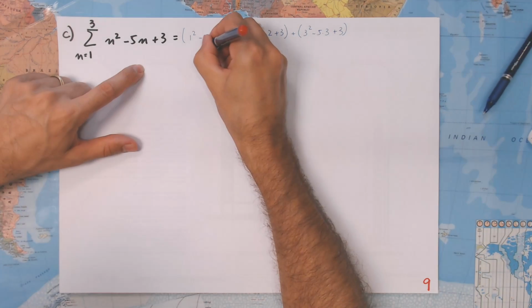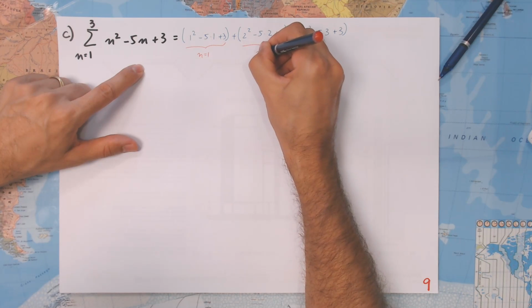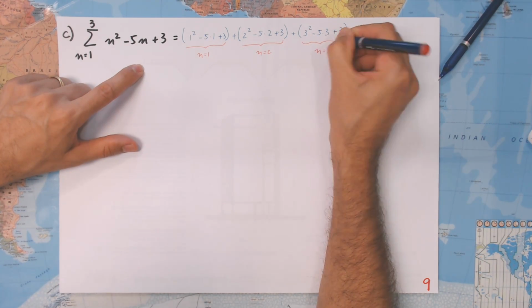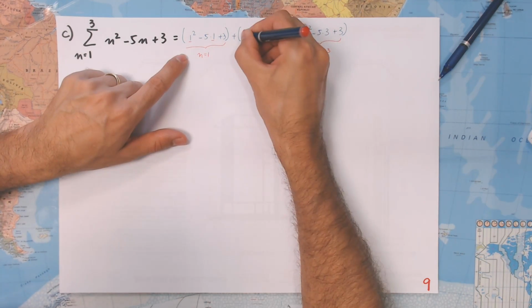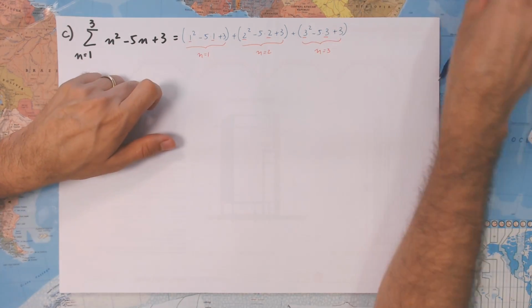This is n equals 1, this is n equals 2, and n equals 3.